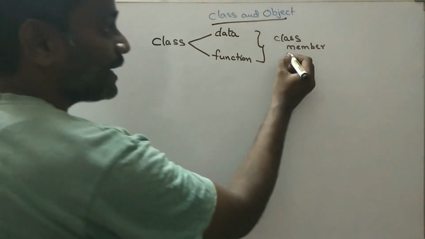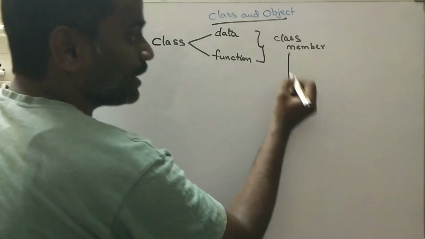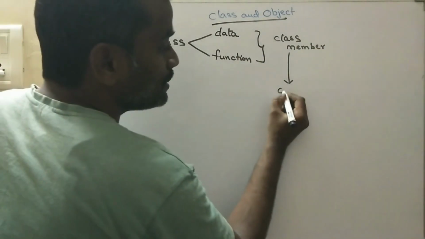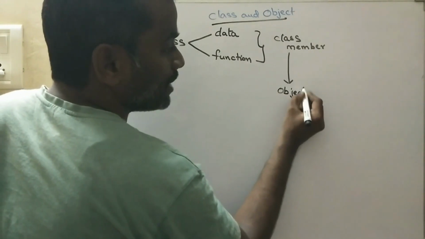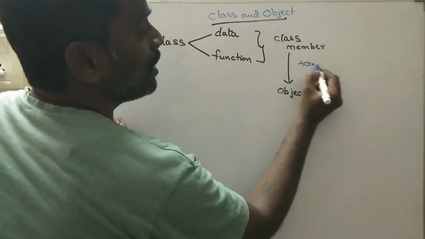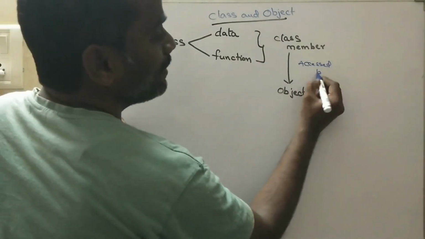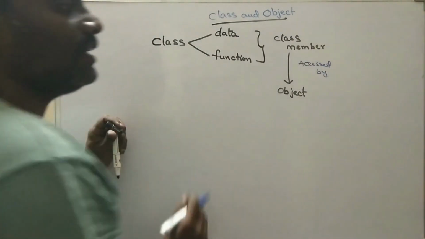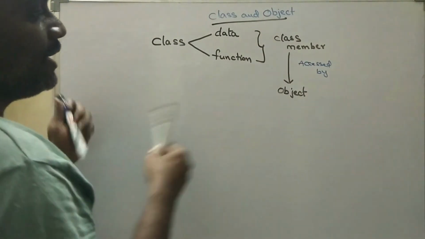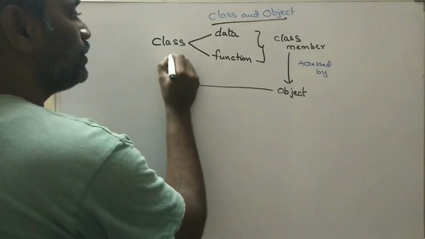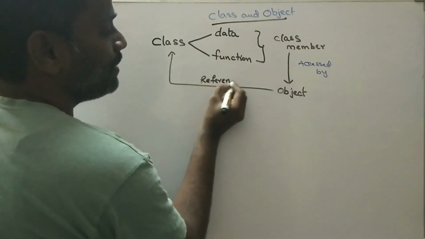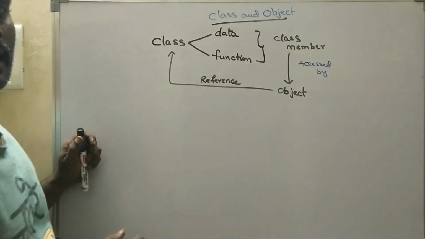Now how can we access these class members? By using the object. By using the object we can access the members of the particular class. The object is the reference to the particular class.